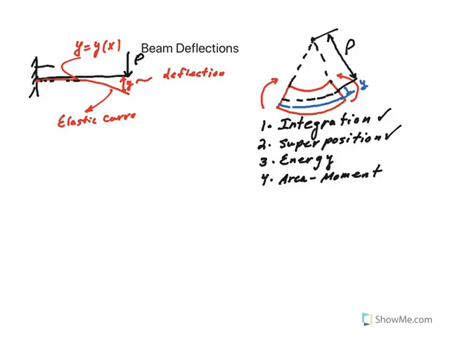Then you can plug in any x value you want and figure out the deflection at any position you want. Of course, what we need is the maximum deflection, which in this case will happen at the right end.